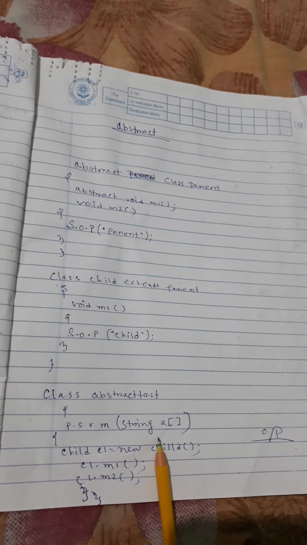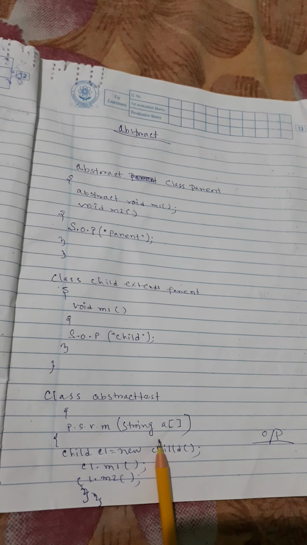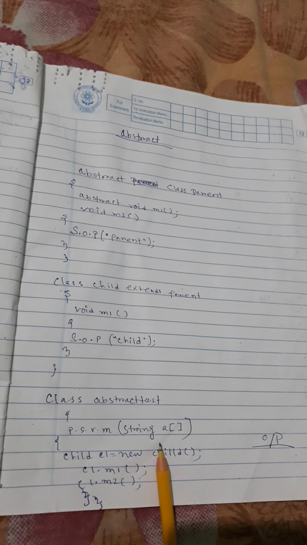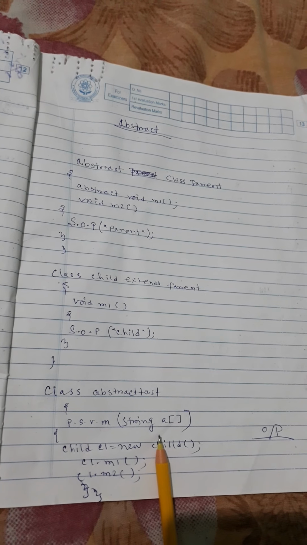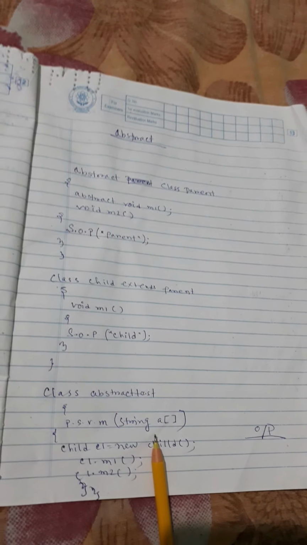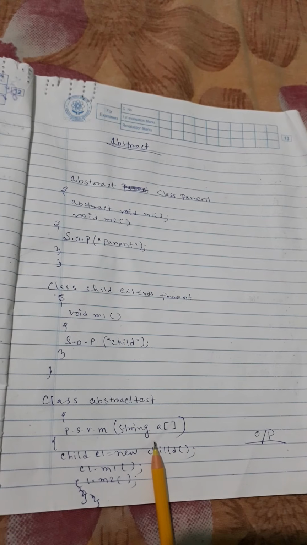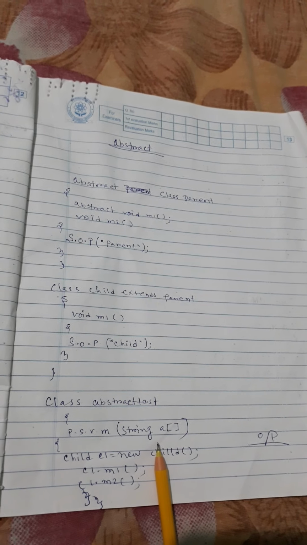Third, an abstract class can contain both abstract and non-abstract methods. So an abstract class has abstract methods as well as non-abstract methods. Fourth, an abstract method has no body, meaning only the declaration is there, no definition.